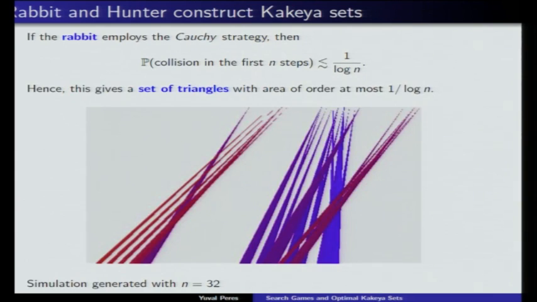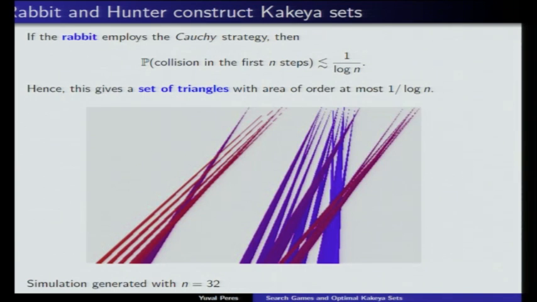And a small Kakeya set will give a strategy against this specific hunter strategy. But note, we have deterministic Kakeya sets, and a deterministic strategy for the rabbit would never work against all hunter strategies, because the hunter might do something that's effective against this particular choice.